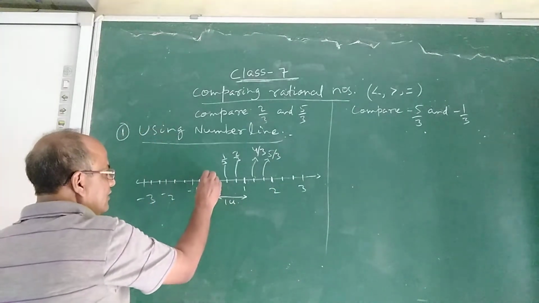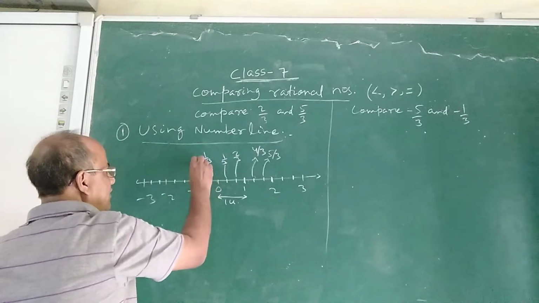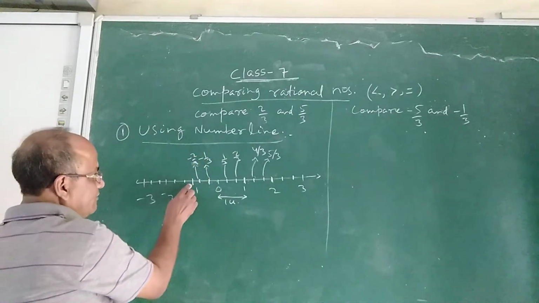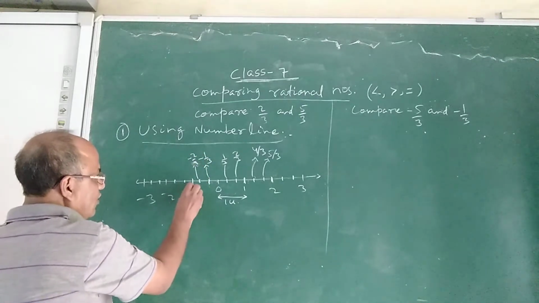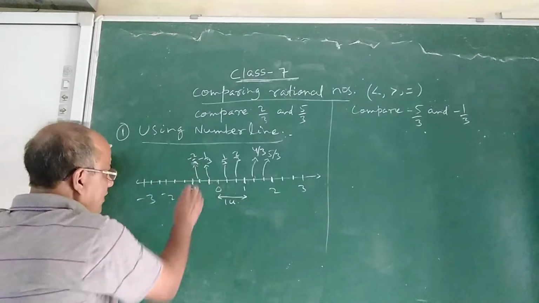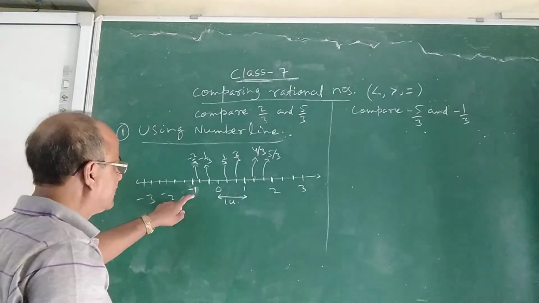And on the other side, this part will be -1 by 3. This is -2 by 3. This is -1, which means it is -3 by 3.